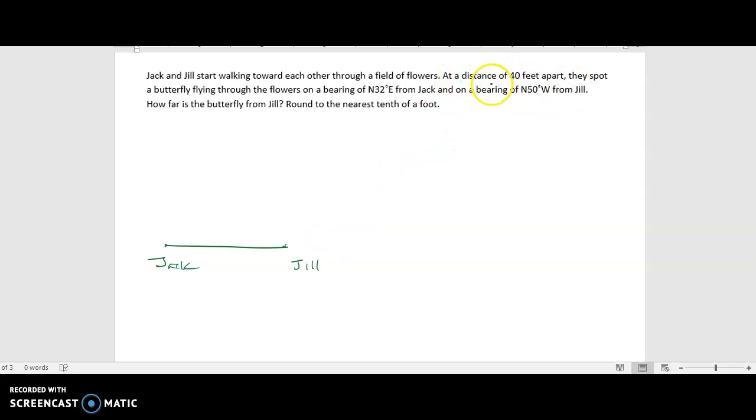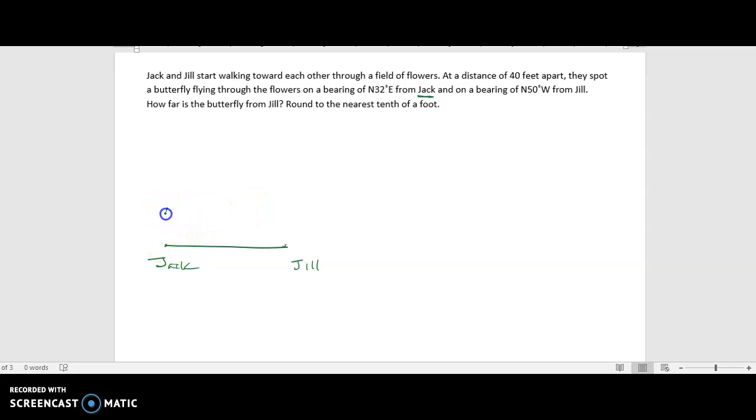He's saying they're 40 feet apart. At a distance of 40 feet apart, they spot a butterfly through the flowers on a bearing of 32 degrees east from Jack. So that's our reference. We need to see from where he's talking about. For Jack, the butterfly is at 32 degrees east.